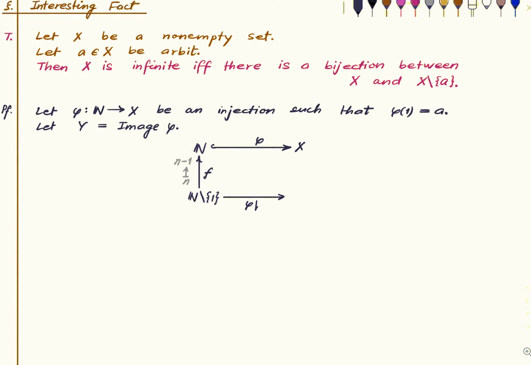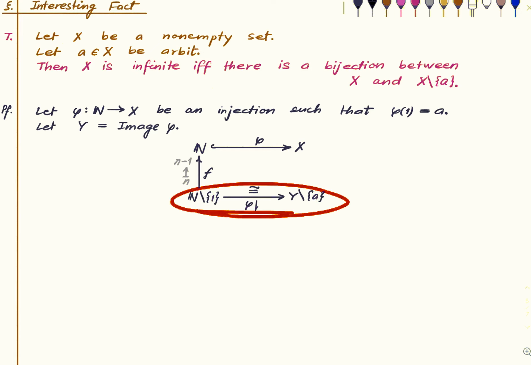And here, if we write Y minus a here, this becomes a bijection, right? Because phi was mapping 1 to a, and the image of n was written as Y. So phi was bijectively taking n to Y and 1 to a. So if we puncture n at 1 and puncture Y at a, we will again get a bijection.